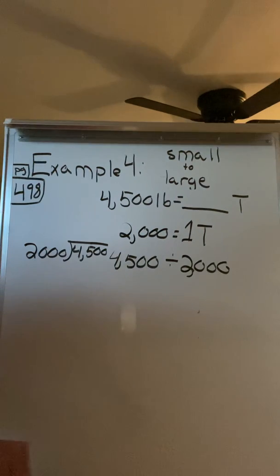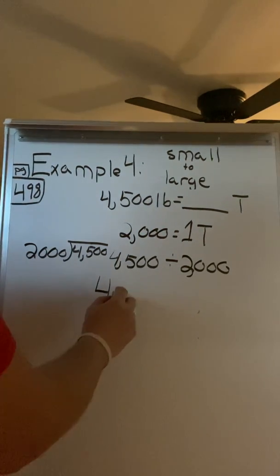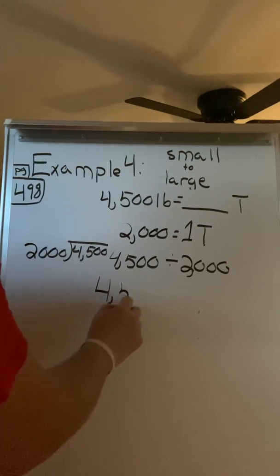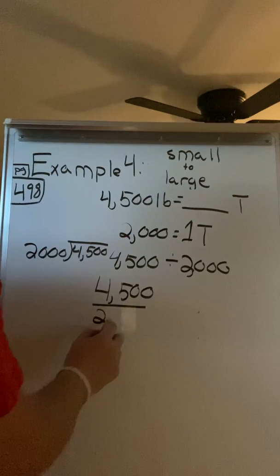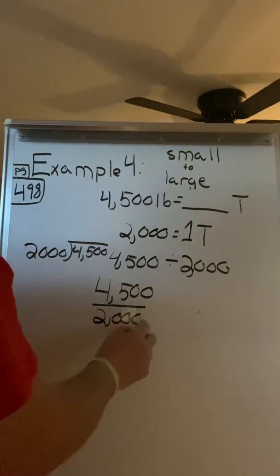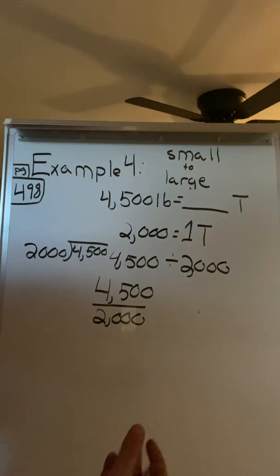However, to make it look easier, we also know that you could set this problem up and it would look like an improper fraction. So 4,500 divided by 2,000. And the reason I'm going to set it up this way and solve it this way is because it's going to look a little easier.